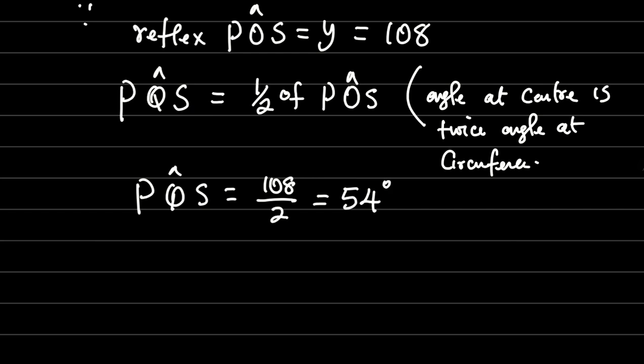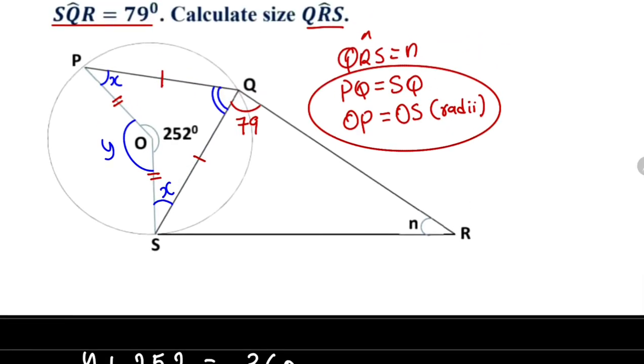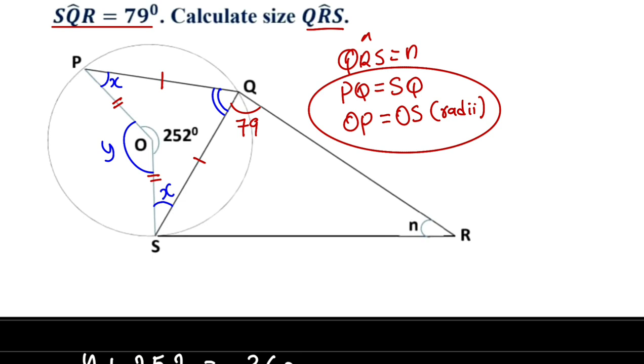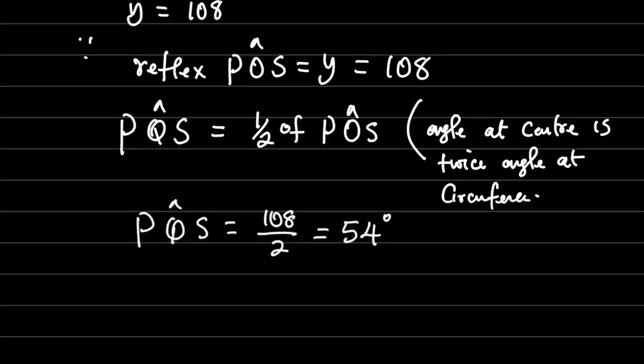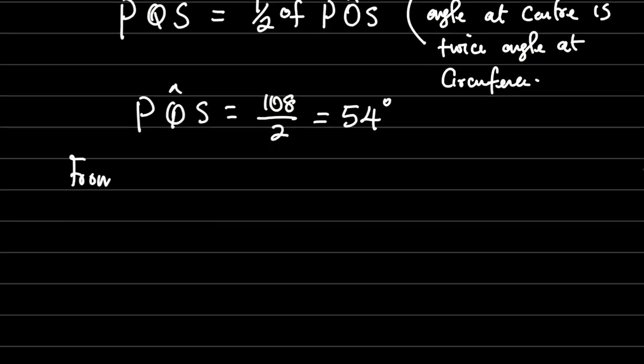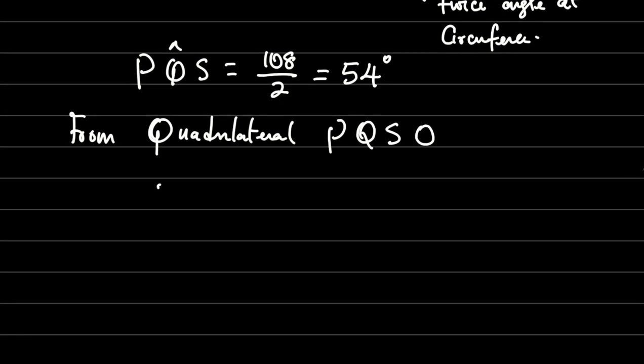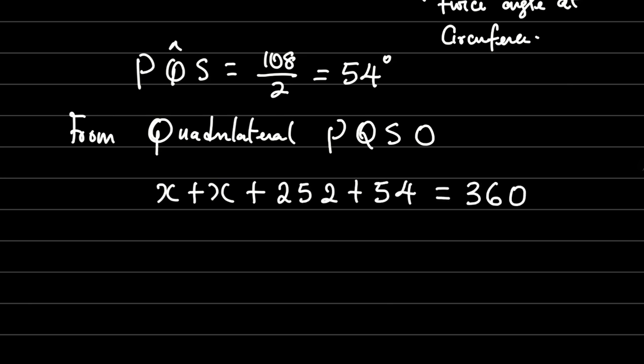Now, why am I finding all this? It is because I need to get my x. And once I get my x, I'm going to be halfway to getting my n. Now, for the quadrilateral PQSO, we can proudly say that x plus 252 plus 54 must be equal to 360, the sum of angles in a quadrilateral.